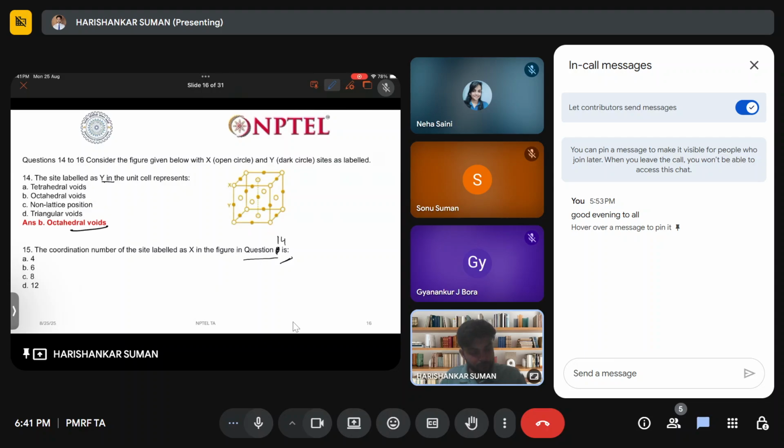Let me do it like that. So the nearest neighbors: 1, 2, 3, 4, 5, 6. That's why the coordination number will be 6. Clear?